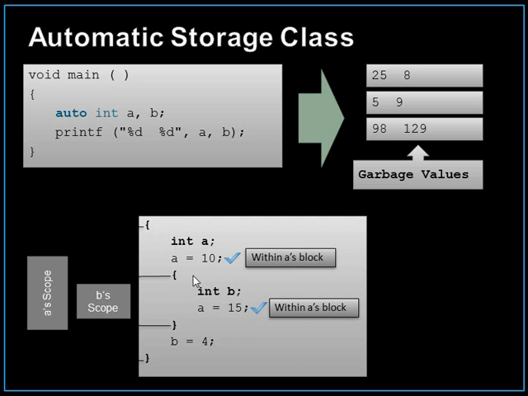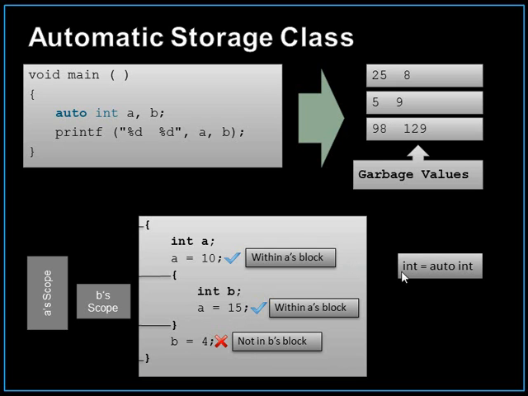It is also inside b's block, but yes, it is inside a's block, so it is eligible for this statement, right? Now if you assign a value 4 to b or any other value to b outside b's block, outside b's scope, it is not possible because it is not in b's block. So what I wanted to tell you is that scope is important in programming, right?